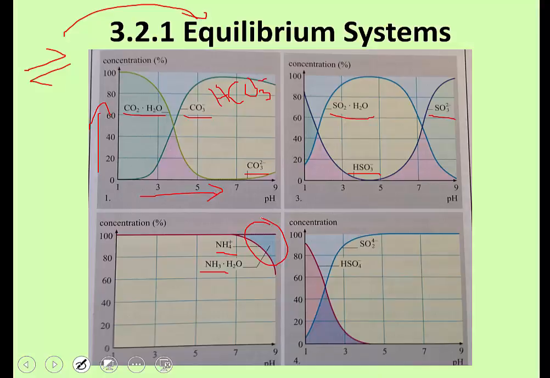So mostly what we're looking at is ammonium in our water, but still both species are present. Both can be very important when we're looking at this pH range, which is typical for a lot of waters. And then we have over here hydrogen sulfate and sulfate ion in equilibrium with one another.